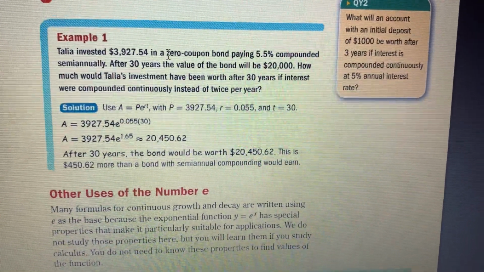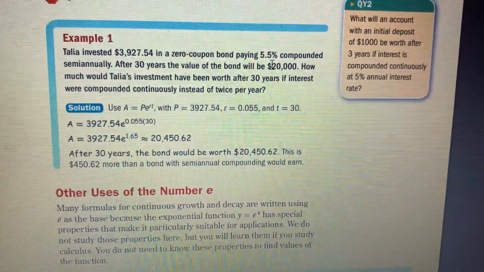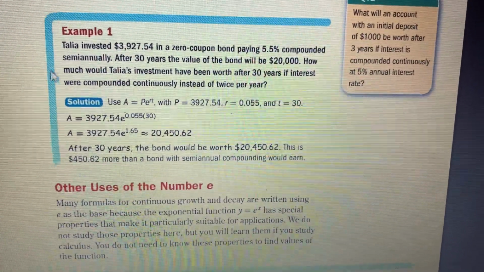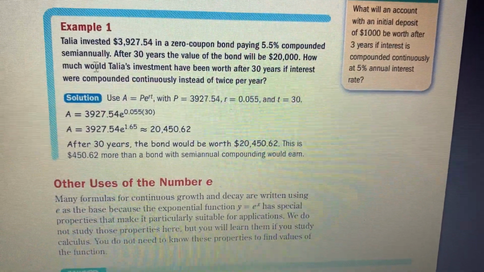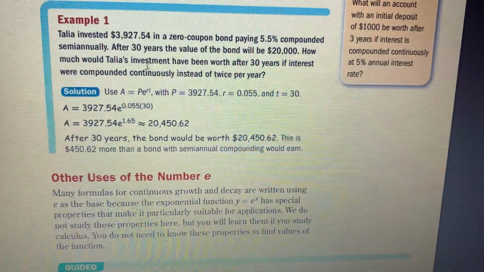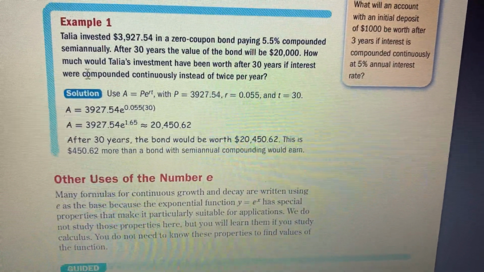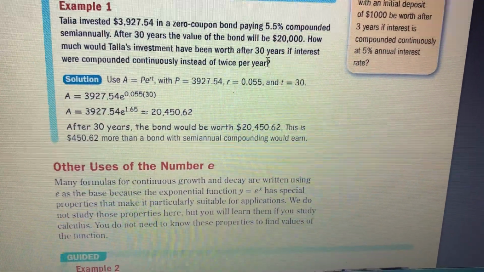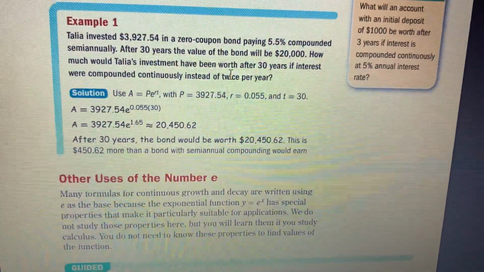Anyways, she put this much money into this bond, and it paid 5.5% interest, compounded, oh, well, this is semi-annually. Here's the question. How much would Talia's investment have been worth after 30 years if her investment was compounded continuously instead? So let's just talk about the continuous compounding one.